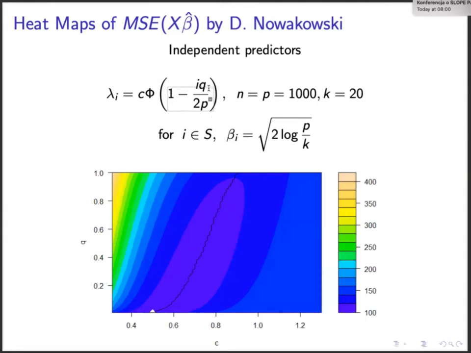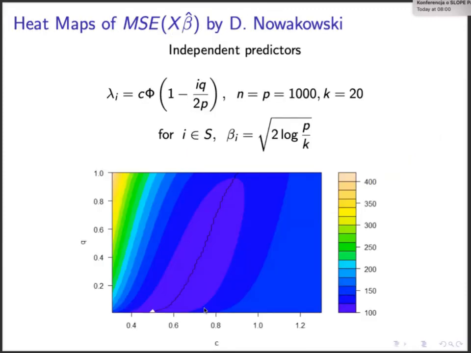When Q is 0, it means that we have LASSO. And this white triangle denotes the optimal solution for slope. You see that for this specific situation, n and p are 1000, predictors are independent, K is 20, the optimal solution more or less coincides with LASSO. So you use Q, which is basically 0.